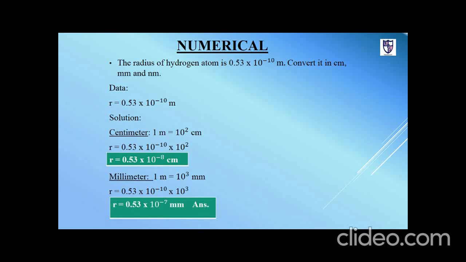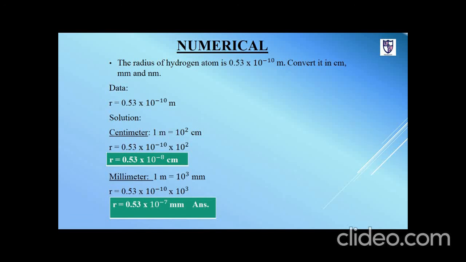The radius of hydrogen atom is 0.53 exponent minus 10 meter. Convert it in centimeter, millimeter and nanometer. Given radius is 0.53 exponent minus 10 meter. We know that 1 meter is equals to 100 centimeter, or it can be written as 10 square centimeter.